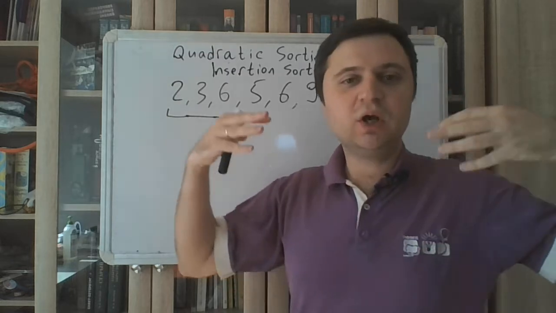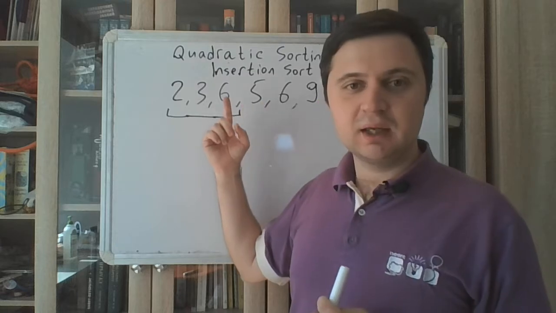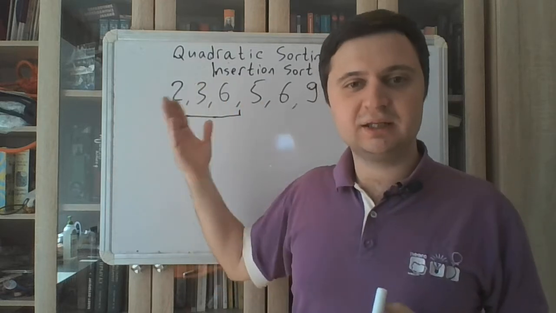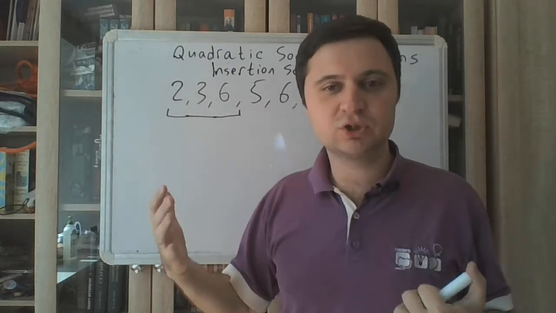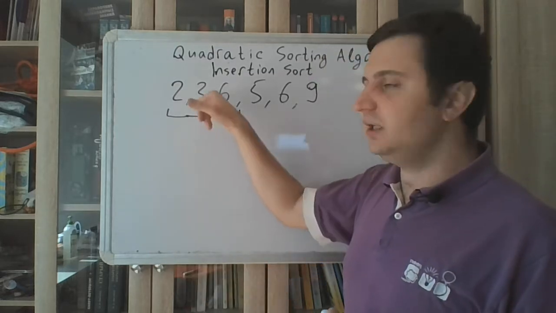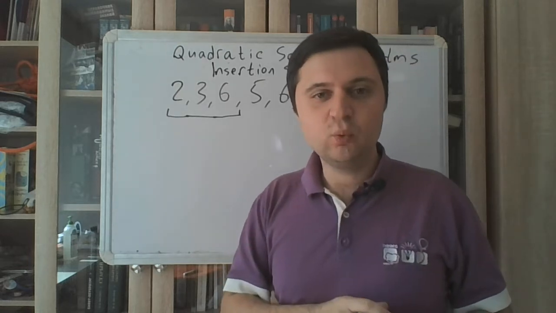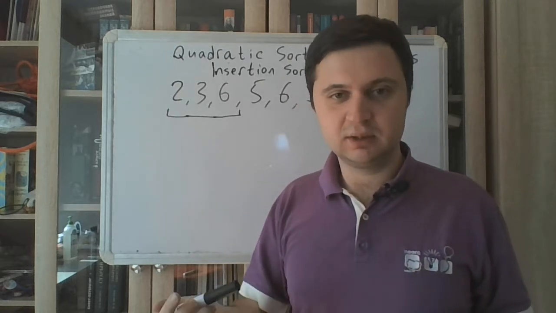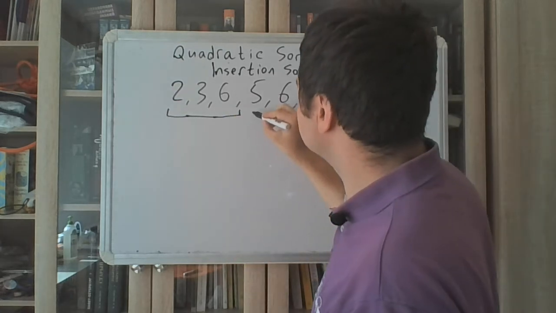And since we definitely have to do it, we understand that we will spend that many operations, so let's think about how we write the simplest code to move the 5 into its perfect position. And the answer is we can move the 5 by swapping. We will swap the 5 with the previous element.